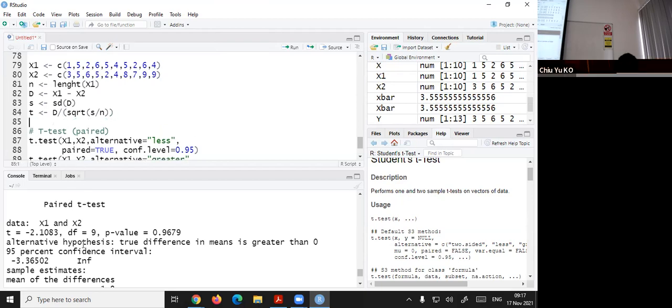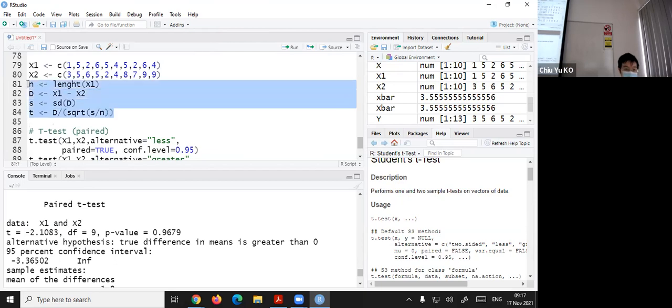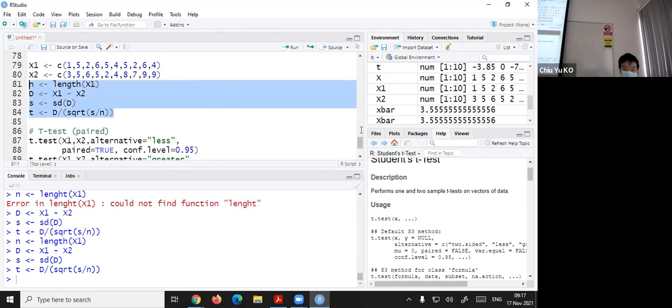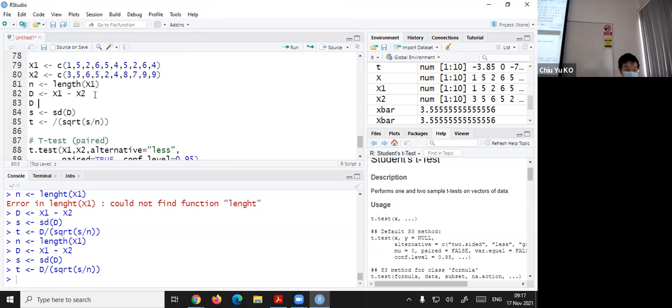So you should be able to see this t should be this number. Let's see whether you get it right. So this t we get. Oh, we have to do the average thing. Haven't done that. We have to do the d bar, which is the mean of d.